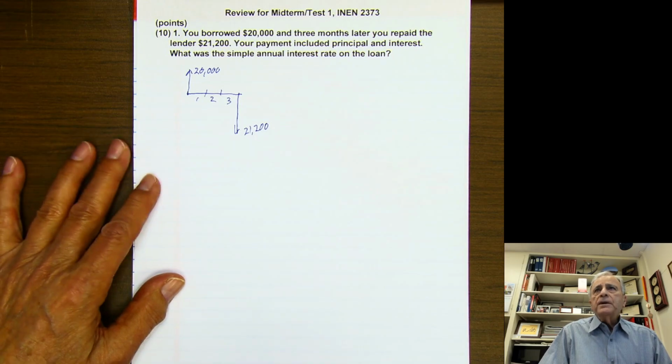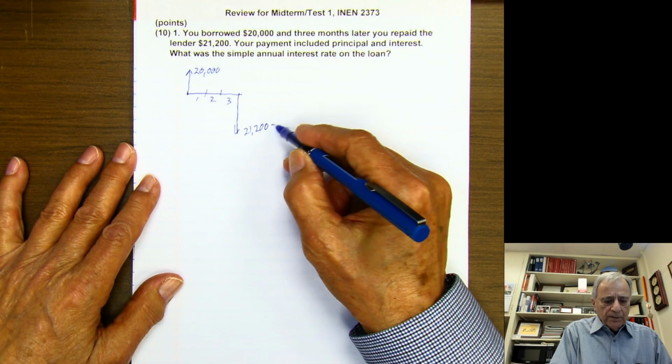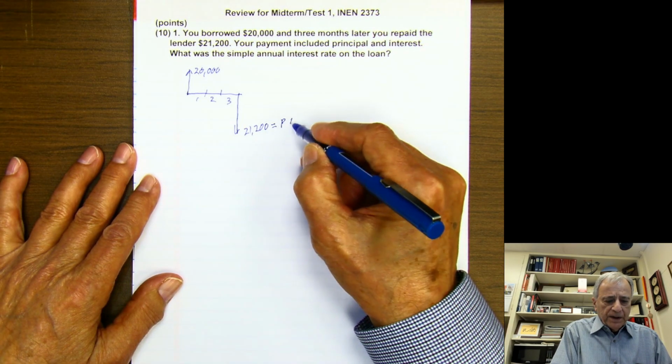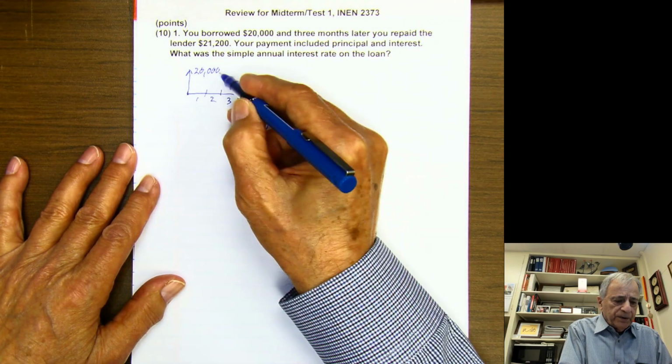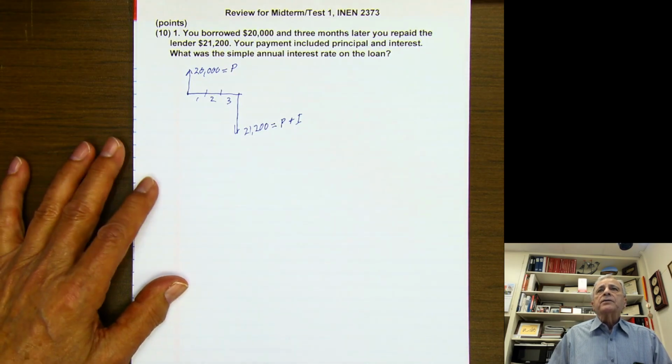Your payment included both principal and interest, so this is both principal plus the interest on the loan. So the principal was $20,000. We know what that is.